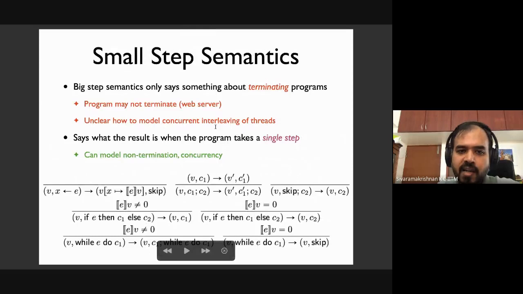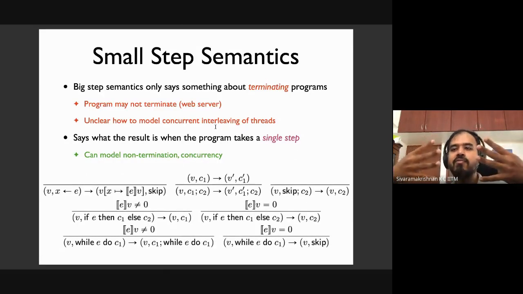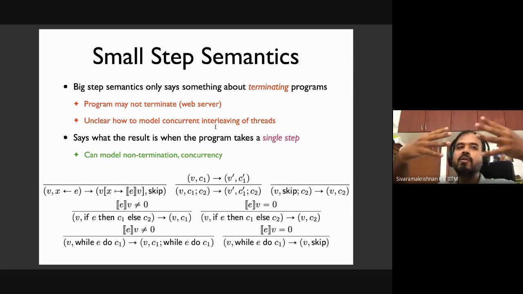It is also unclear how to model concurrent interleaving threads. What happens when you have a concurrent program? You have 4 instructions here, you have 4 instructions here. I want to say, oh, this thread can do one step, and then 4 steps of this other program can appear in the middle.